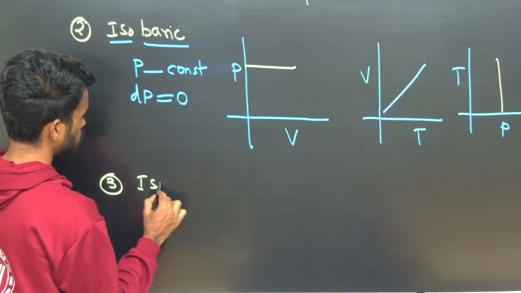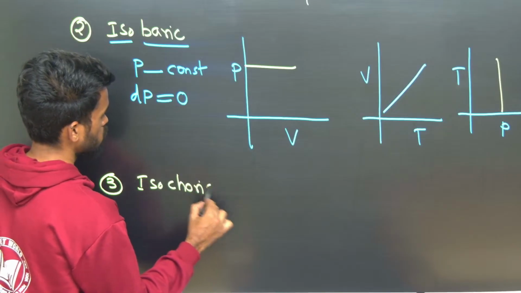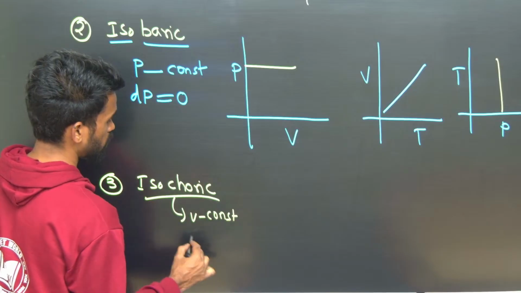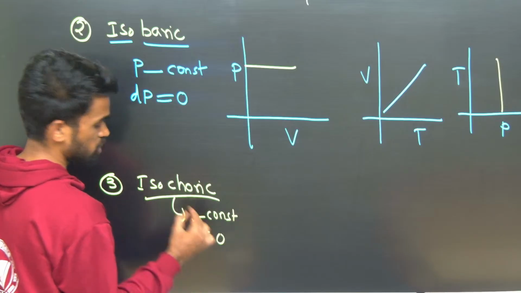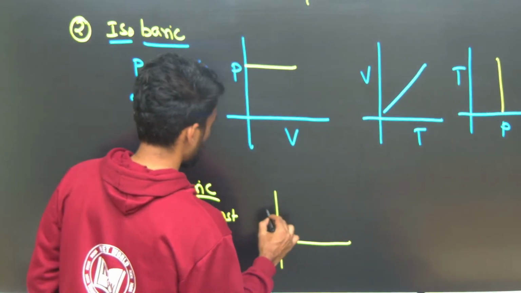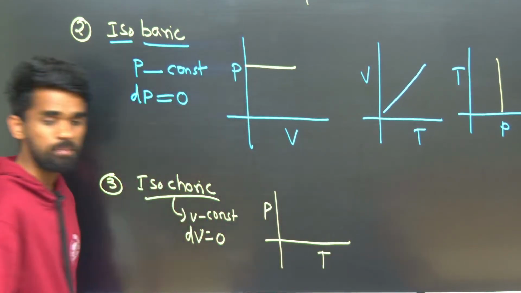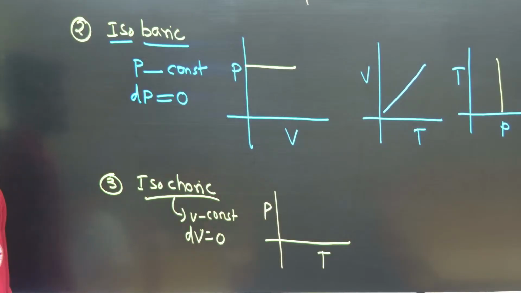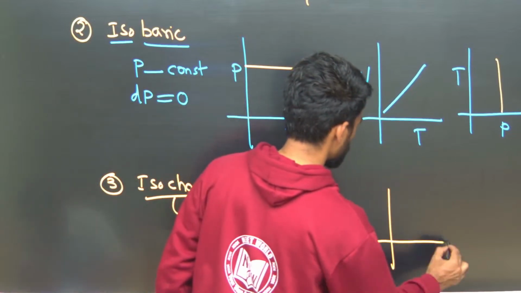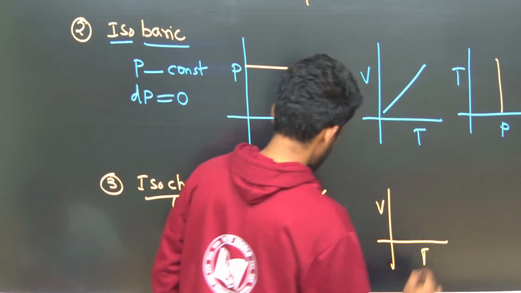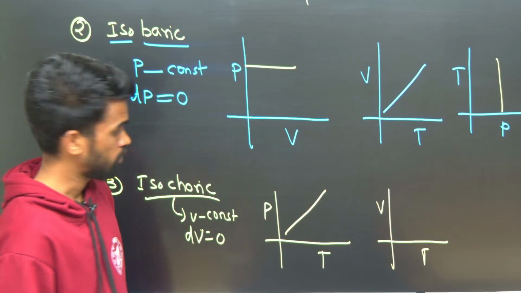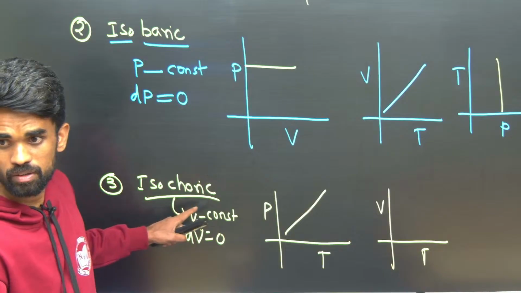And the next graph is what? Isochoric. So what is constant here? V constant, so dV will be 0. Change in volume will be 0. So now P versus T, what happens if temperature increases? Pressure also increases, like this. If I want to draw V versus T, what is constant? Isochoric means V constant.